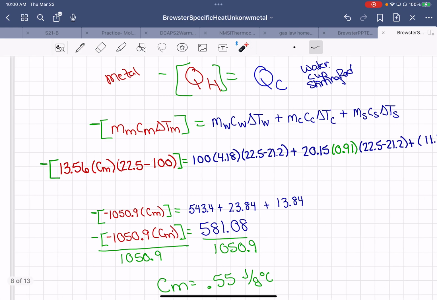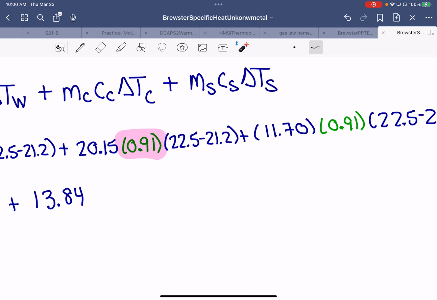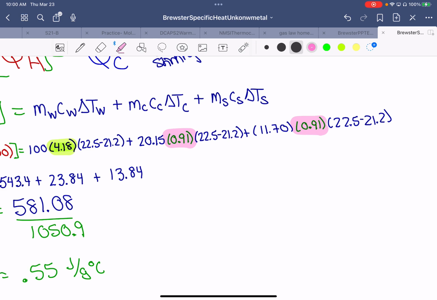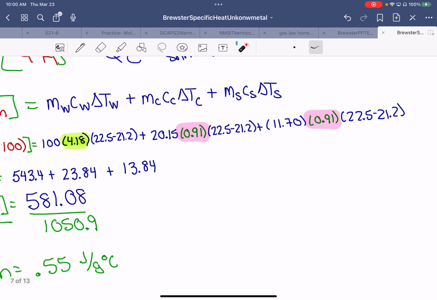Again, the stirring rod is technically mostly aluminum, so we're just going to go forward with our aluminum number, 0.91. And again, same temperature change as the water. These are all the same because they're in contact.